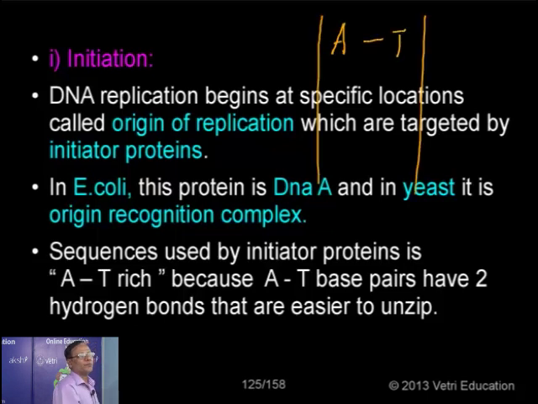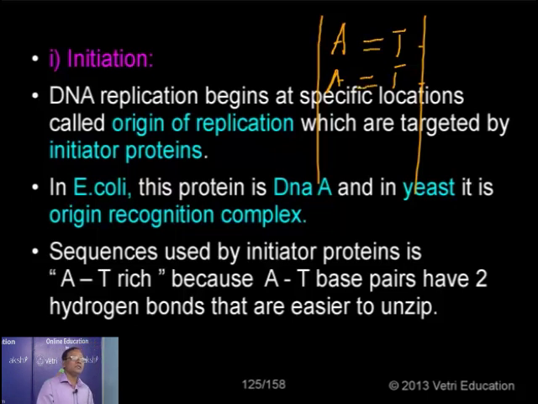Suppose we have a DNA sequence where we have much more A and T. So the sequences normally used by these initiator proteins are AT-rich. AT-rich means the places where we have base pairing between A and T, that is adenine and thymine. Because these bases, adenine and thymine, normally share only 2 hydrogen bonds.